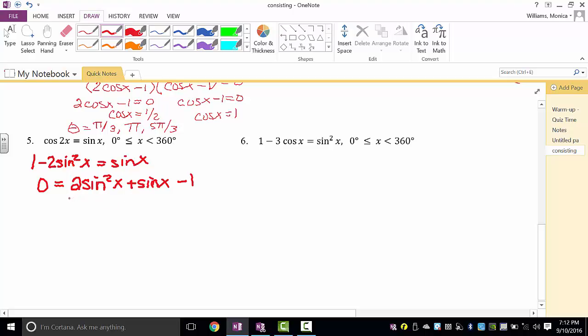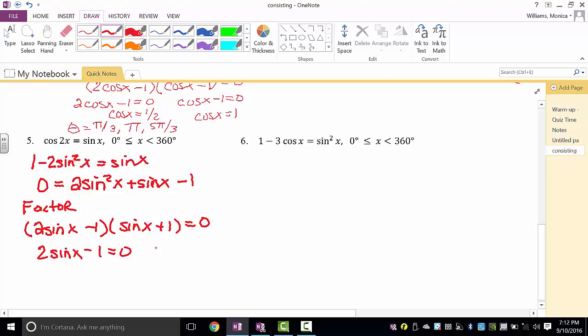Now, again, you factor here using slide and divide. So it becomes 2 sine x minus 1 and sine x plus 1. You set each factored term equal to 0 and solve for x.